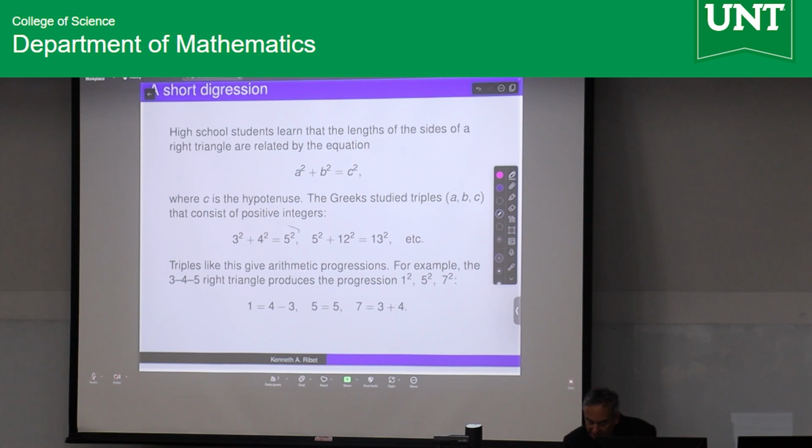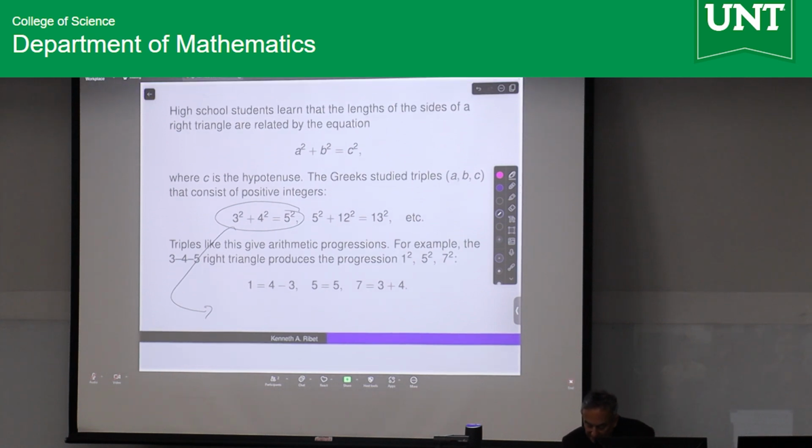So for example, if we do the 3, 4, 5, it's actually typeset above where I'm going to write. The 5 will stand in the middle, and the 3 plus 4, which is 7, will be at the right, and the 4 minus 3 will be at the left. And so you get the numbers 1, 5, and 7 that started the discussion. And in the same way, if you have 5, 12, and 13, you put 13 in the middle, 5 plus 12 is 17, and 12 minus 5 is 7.